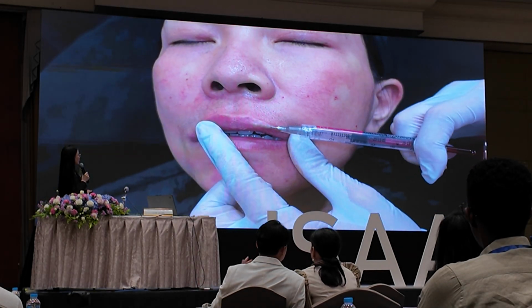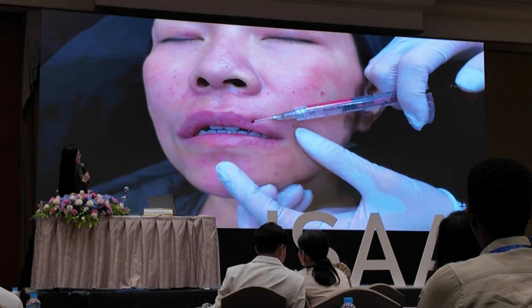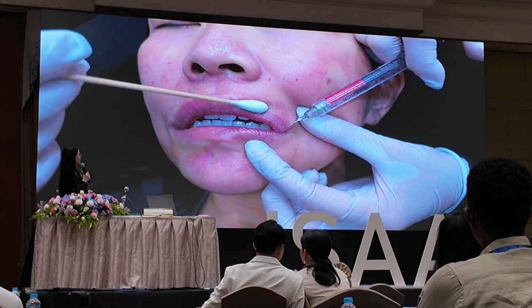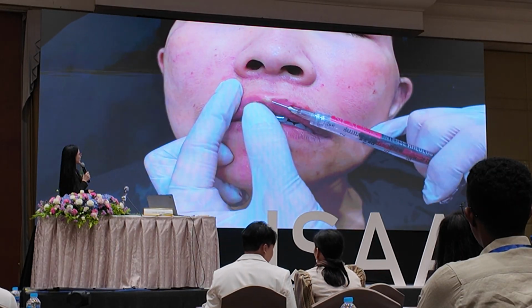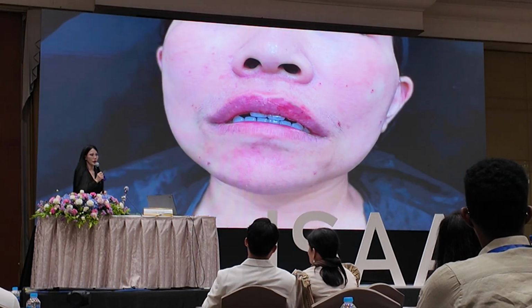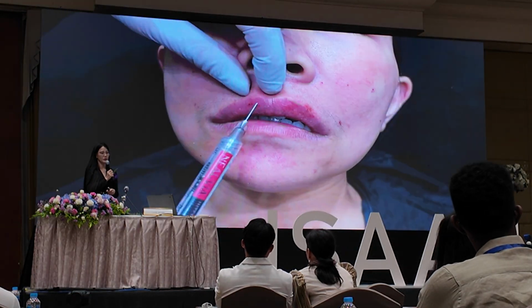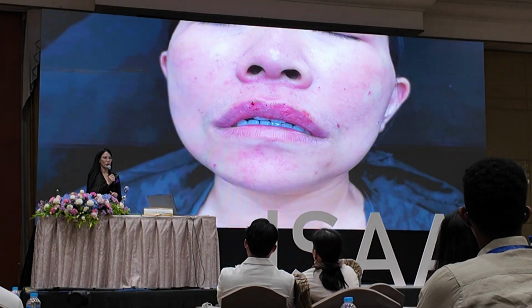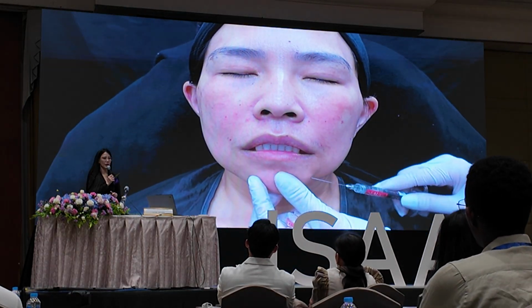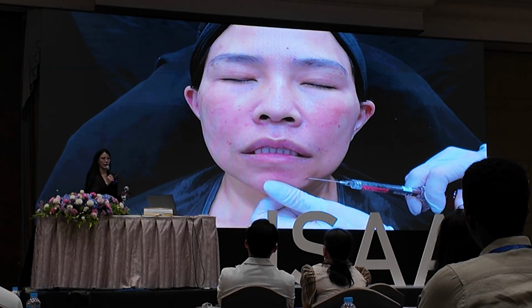Also the same on the other side. Then I do the improvement of the cupid's bow with a sharp needle. I don't use much filler because I don't want to elongate it.